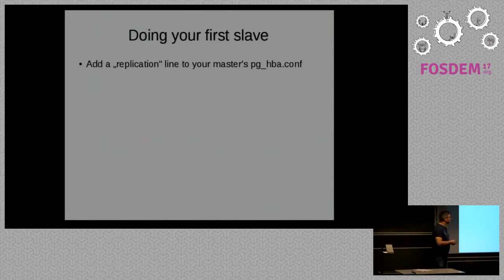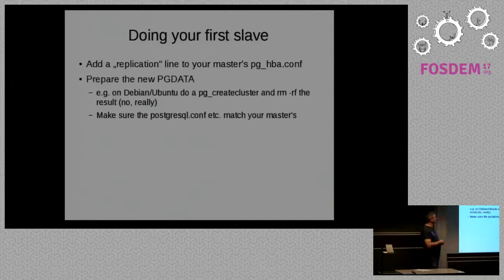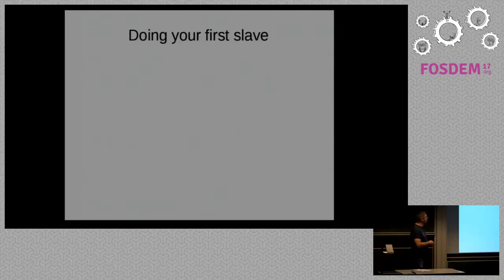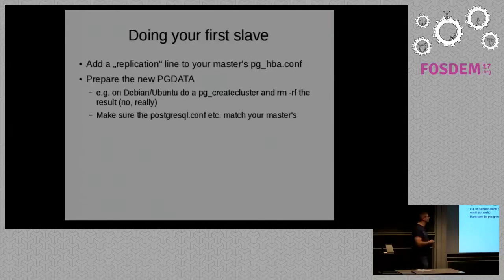You have to do something in pg_hba.conf to allow for replication, but you probably did that already when you configured Barman or your WAL archive, because many of them use replication now as well. You prepare the new PGDATA. Assuming that you're running Debian or Ubuntu, you will probably call the wrapper script and have it create a new instance, and then go there and delete it. Stop it first, maybe. Really do rm -rf in your new PostgreSQL 9.6 main, whatever.